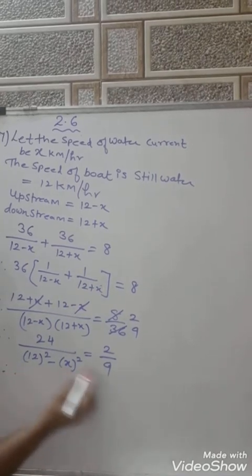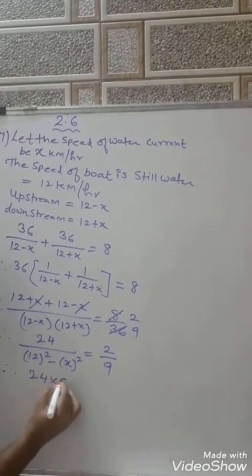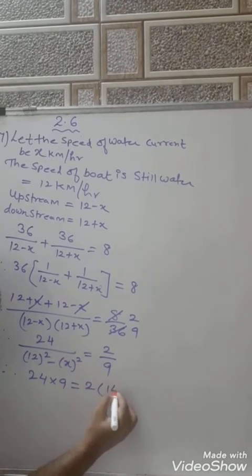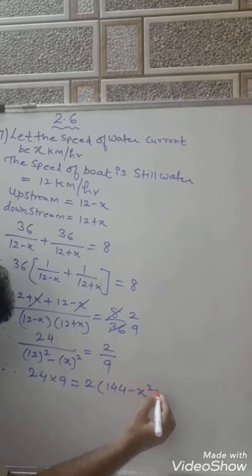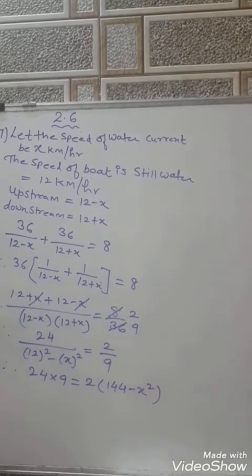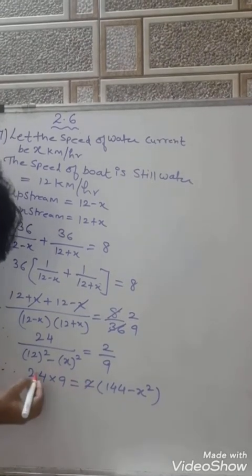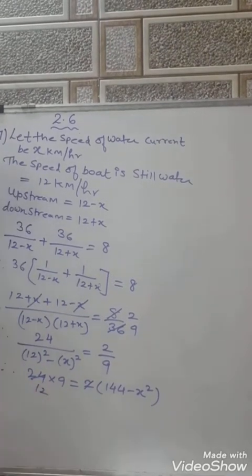Now do the cross multiplication. 24 multiplied by 9, and this whole term is there, that is 2 multiplied by 144 minus x square. So you cancel the 2 with the 24, and you get 12.